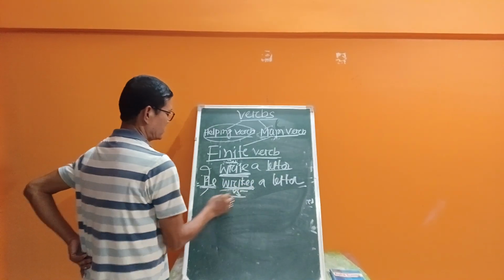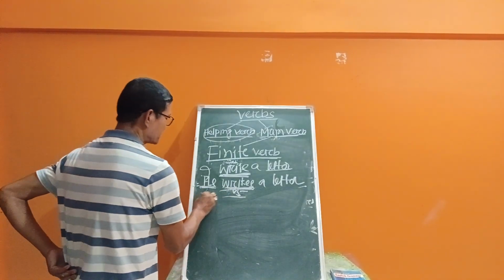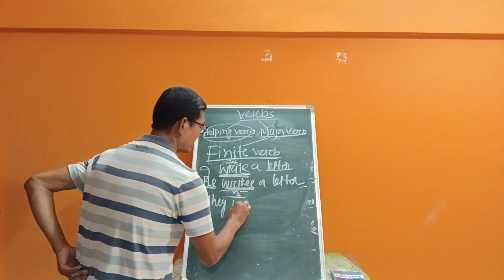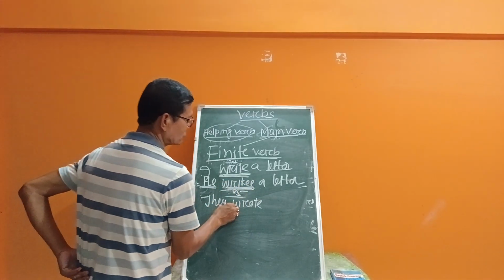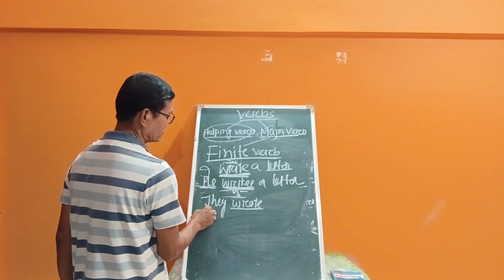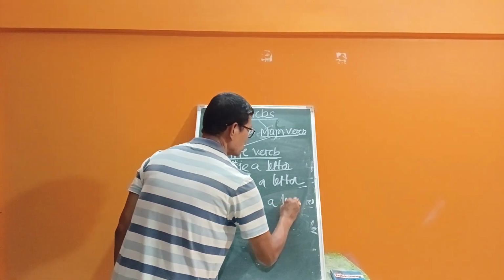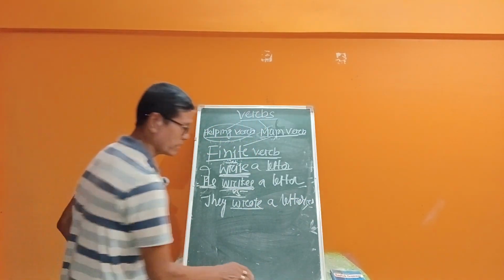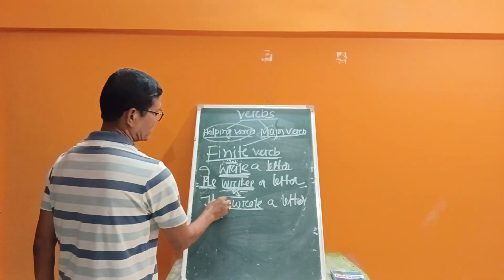Now next, I am going to change the tense here. Suppose they wrote. Now write has been changed into wrote because I am going to use the past indefinite tense. They wrote a letter, isn't it? They wrote a letter. Now the tense has been changed.